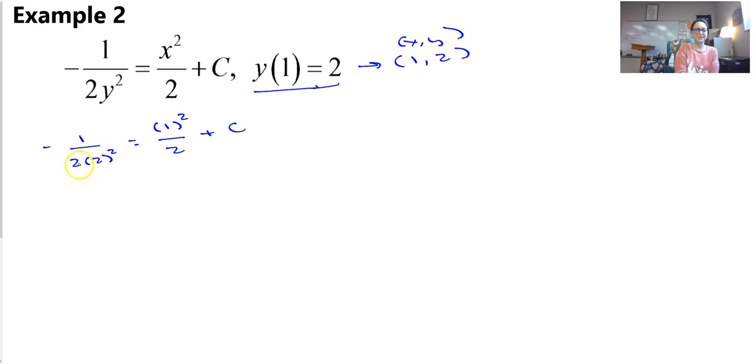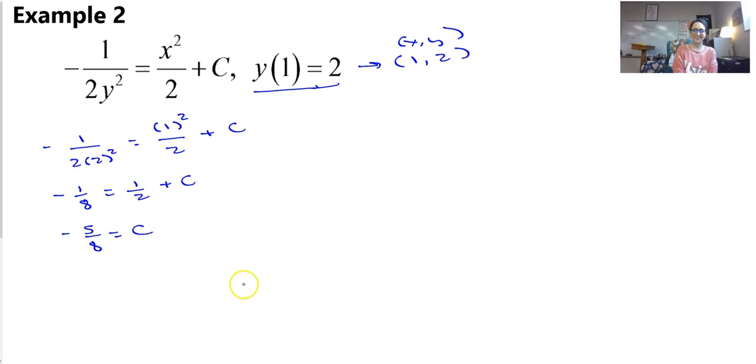All right, so in the denominator here, I have 2 times 4, so I have 8 in the denominator. And then just 1 over 2 plus c on the right side. So 1 over 2 with a denominator of 8 is 4 over 8. So negative 1 over 8 minus 4 over 8 is going to be negative 5 over 8.